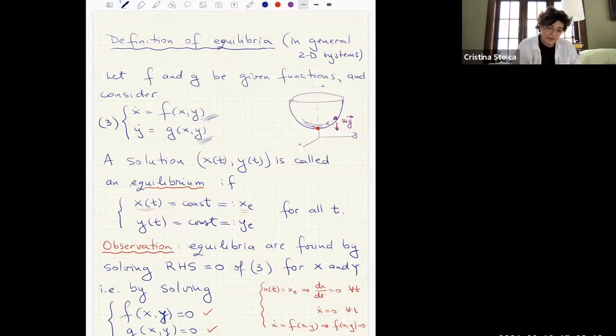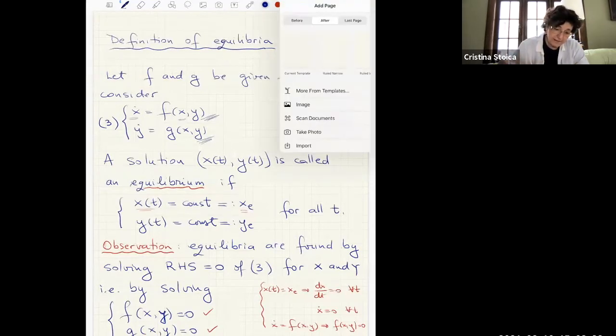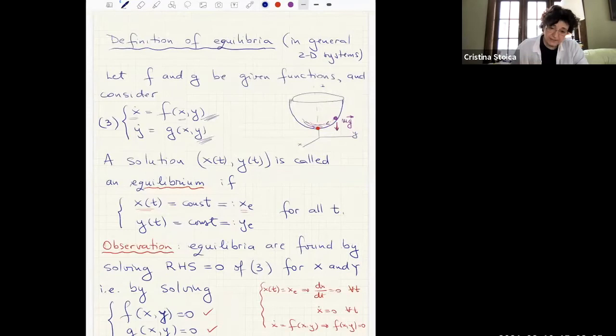The left-hand side will be 0 because it's a constant. The right-hand side will be 0 because it's a root of the right-hand side. That's exactly how they're found. And with this being said, I'm ready to start writing with you now.